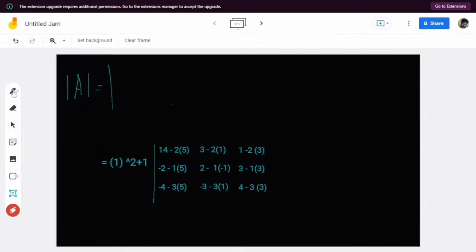14 minus 10 is 4. Negative 2 minus 5 is negative 7. Negative 4 minus 15 is negative 19. And next is 3 plus 2 is equal to 5.